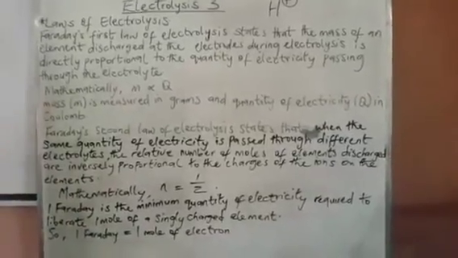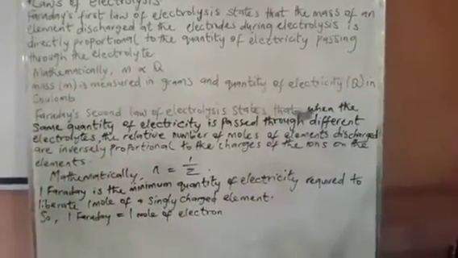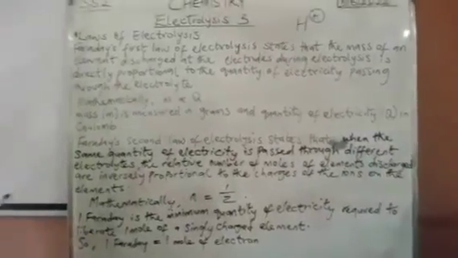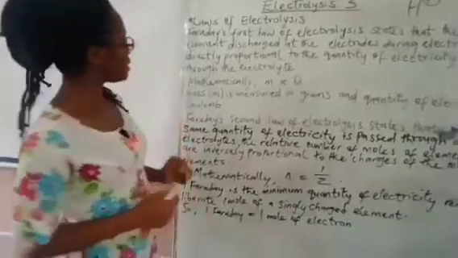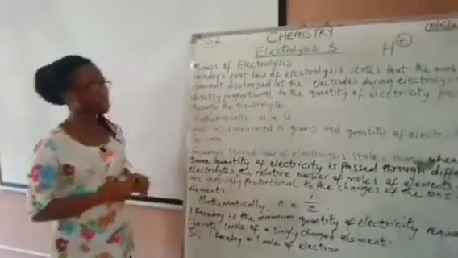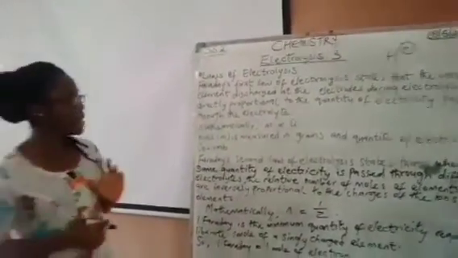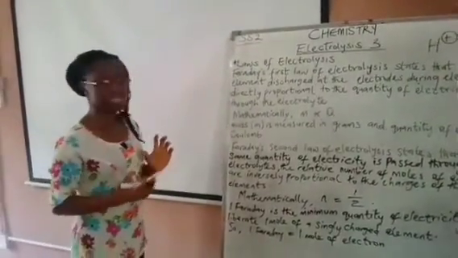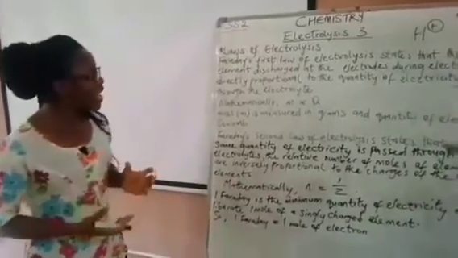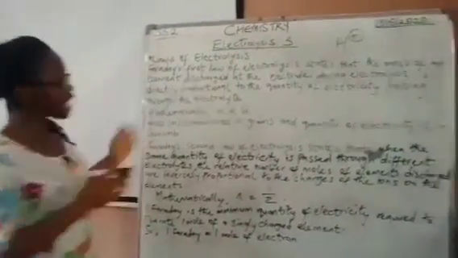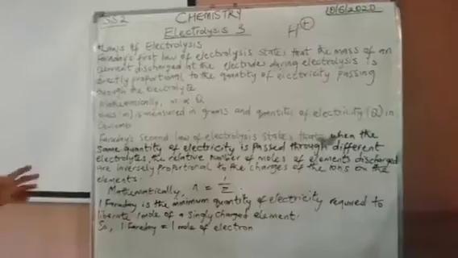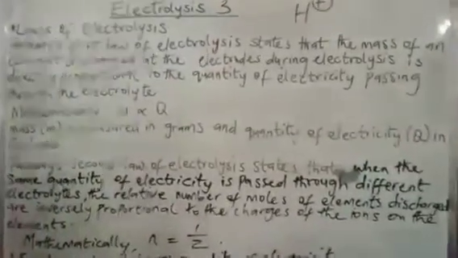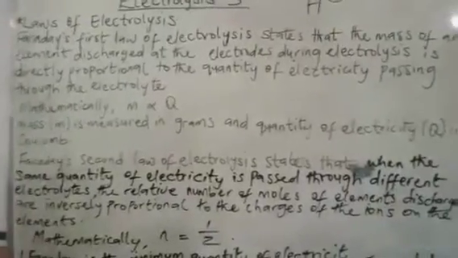of electrolysis. The first Faraday law of electrolysis states that the mass of an element discharged at the electrodes during electrolysis is directly proportional to the quantity of electricity passing through the electrolyte. He had the electrolytic cell set up where he used copper electrodes and copper sulfate as the electrolyte.